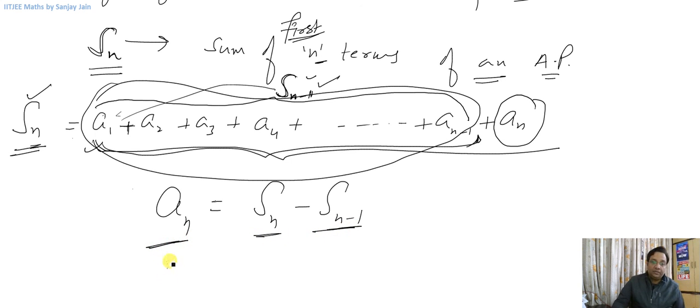So another way of obtaining nth term of an AP is: sum of first n terms of that AP minus sum of n minus 1 terms of that AP will give you the nth term of that AP, right? So let us discuss sum of first n terms of an AP in detail in the next lecture.